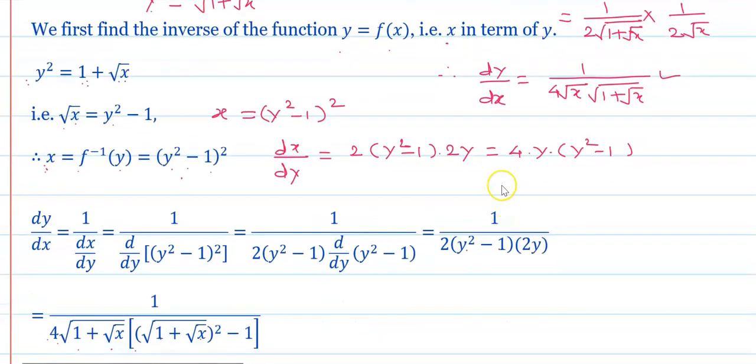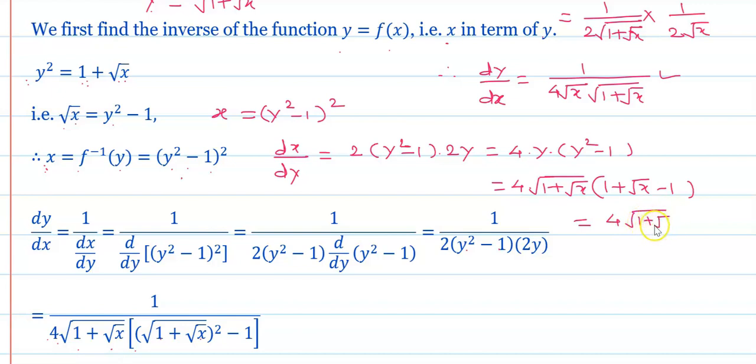Okay, and that is equal to 4 square root of 1 plus root x. In next bracket, you will get y square. y square means what? 1 plus root x minus 1, plus 1 minus 1 get cancelled, and then you will get 4 square root of 1 plus root x into root x.